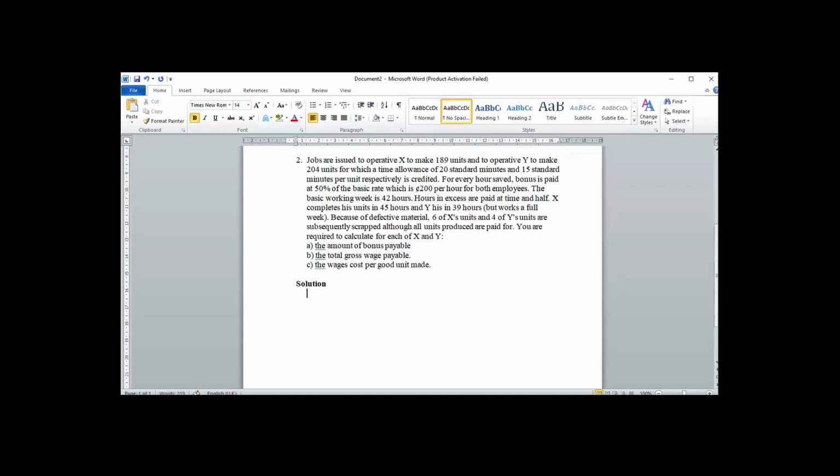Employees. Let's look at the employees. We have X, and we also have Y. Unit produced: the production unit by each employee. X produces 189 units.